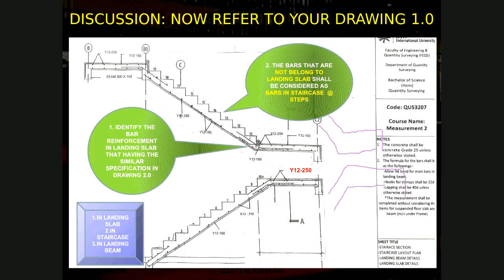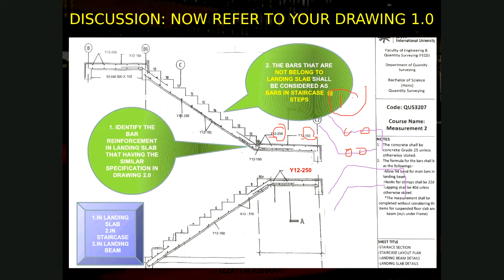These 4 items, and also the bullet that was highlighted by Farah just now, for top flight and bottom flight, can be measured under one item. Why can they be measured under one item? Because they have a similar category, both inside the landing slab and both having similar high tensile and similar sizes. So spacing is not the item that you have to measure separately.